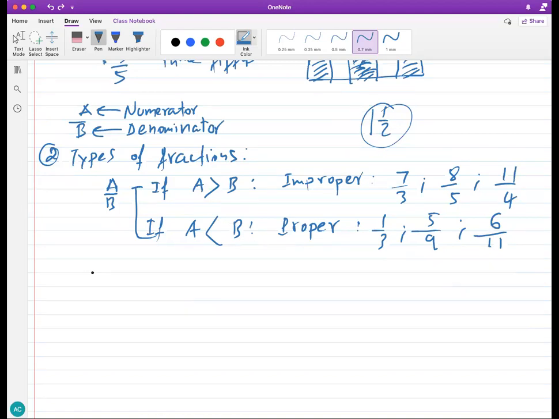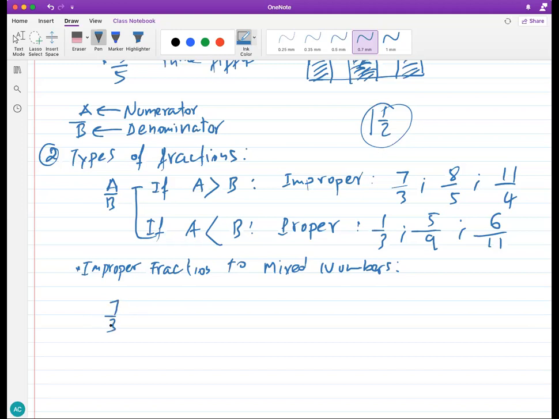So we're going to say improper fractions. We're going to turn them into mixed numbers. For example, we have 7 out of 3.